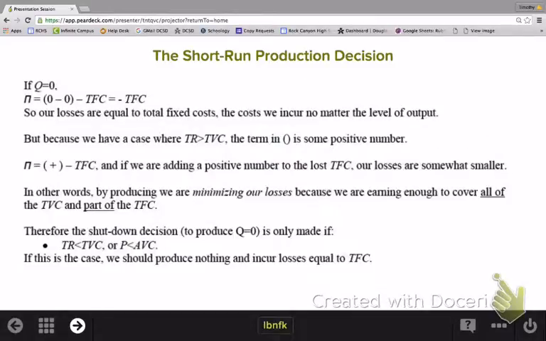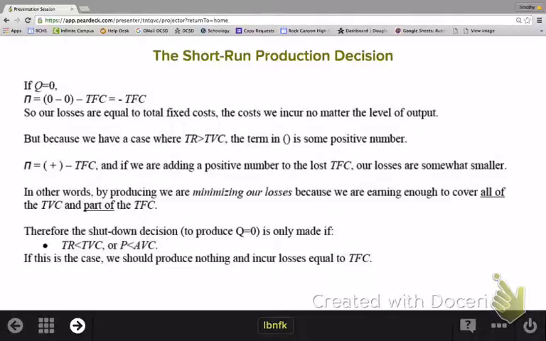So if the quantity we're producing is equal to 0, then profit is going to be equal to 0 minus 0 minus our total fixed cost, because we still have our total fixed cost. Remember, even if we're producing nothing, we still have to pay our fixed cost. That's why it's fixed. So our losses are equal to total fixed costs in this situation.